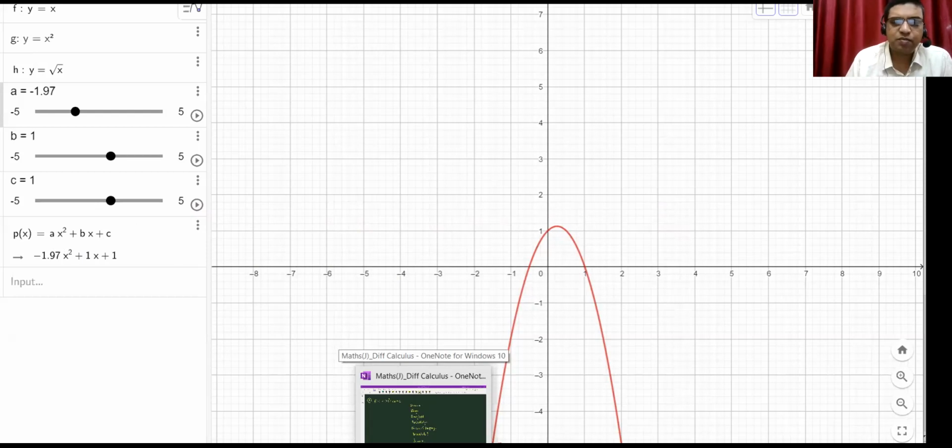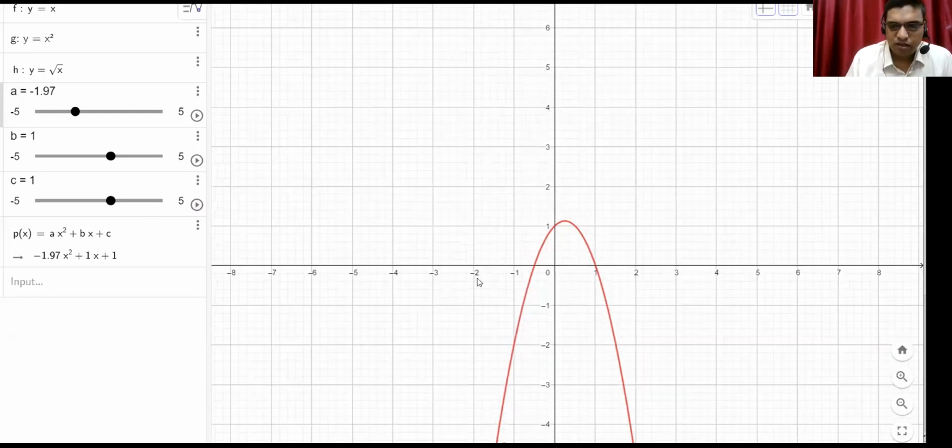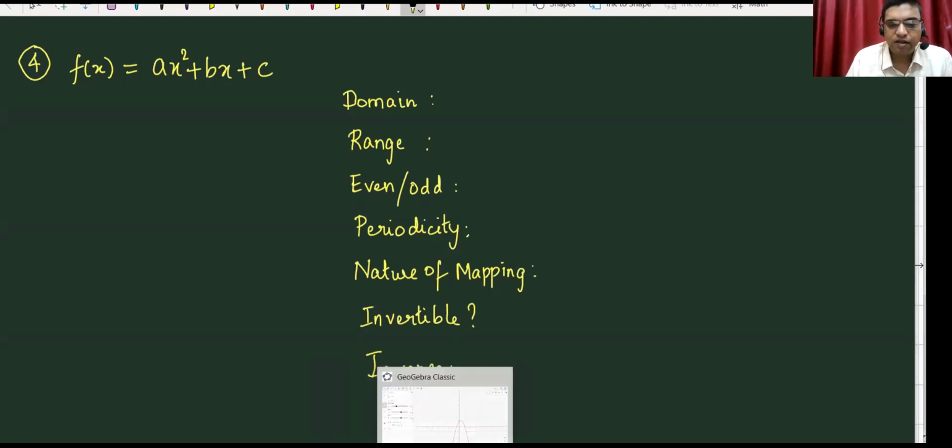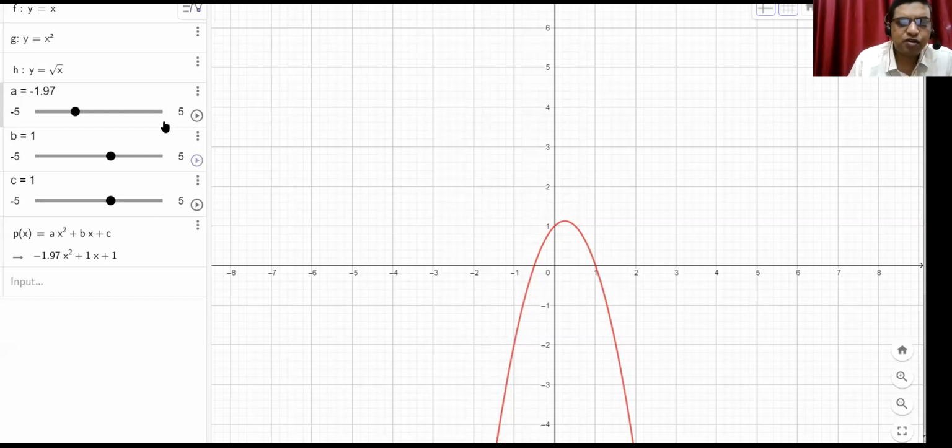So this is a quadratic expression. So range also is not a unique thing. Even odd, it is definitely not odd. It may not be even also, because it may not be symmetric about the y-axis. It is not periodic. It is not bijective. It is not directly invertible. Just because we are talking about algebraic functions, I've talked about this.